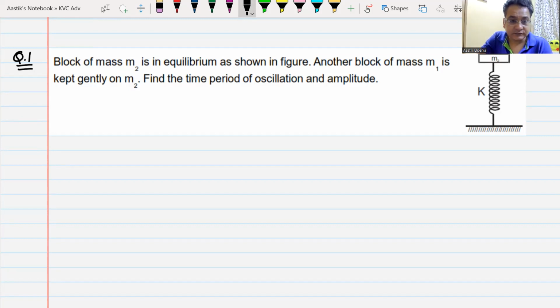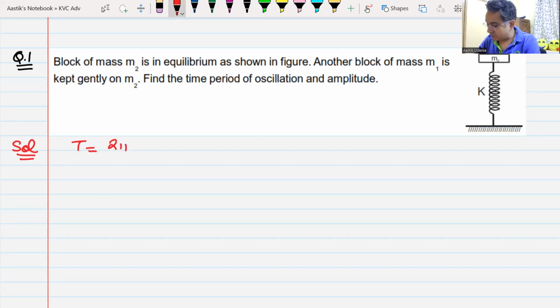What is the answer for this one? What will be the time period of oscillation?